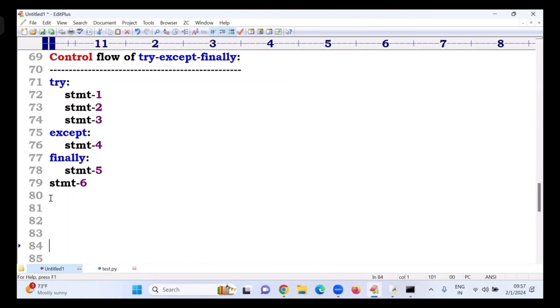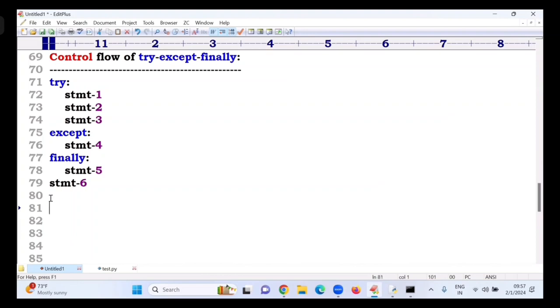In try block, 3 statements are there. Except block 1 is there, statement 4. Finally block statement 5. Statement 6 is the remaining program, the rest of the program. It does not belong to your finally block. Finally block contains only one statement, 5.